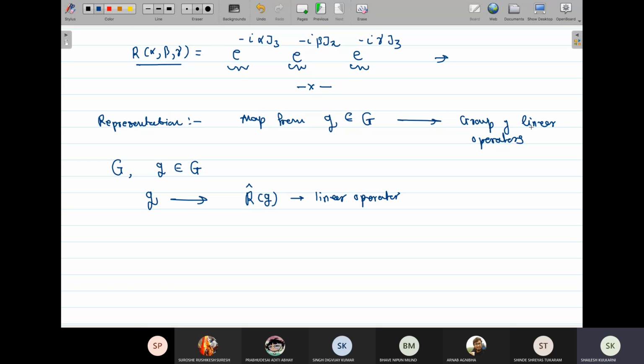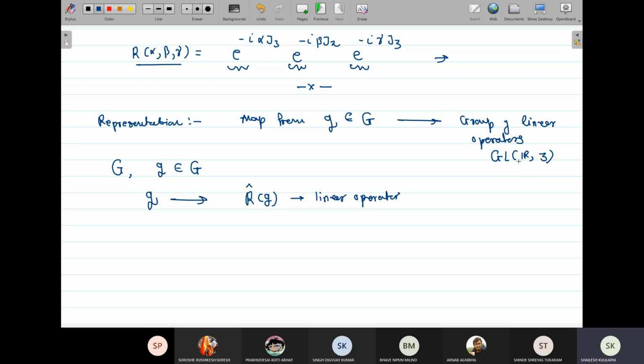If these linear operators are real, then it is called the general linear group in real dimension, and you have to specify the dimension here, maybe 2, 3, 4, etc. If I write 3 here, then it is a group of real linear operators in 3 dimensions.